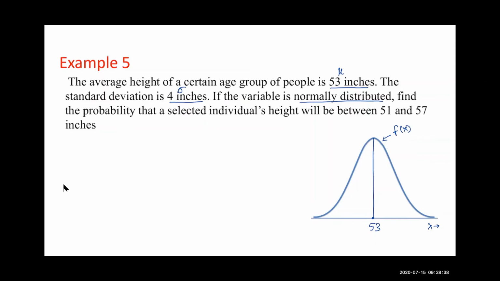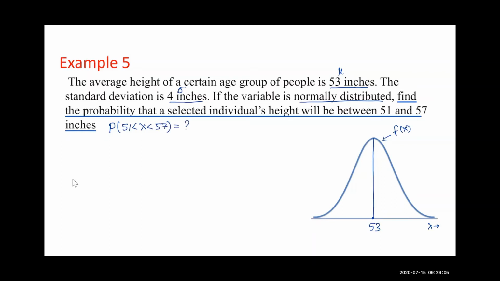Now the question is, we have to find the probability. You can see the question is, find the probability that a selected individual's height will be between 51 and 57 inches. So here in this example, we want the probability that X is between 51 and 57.